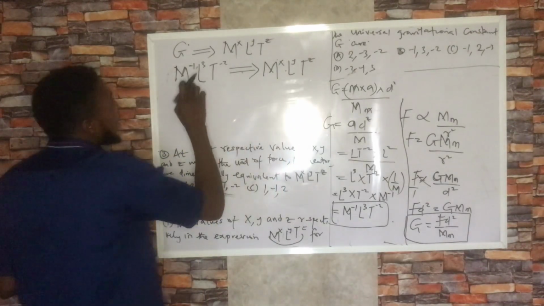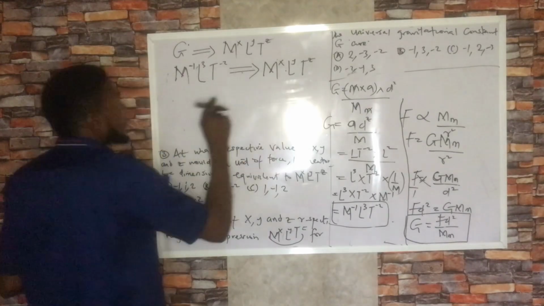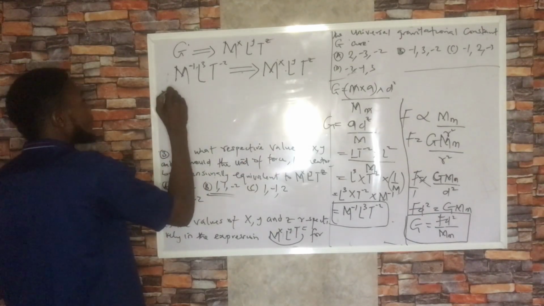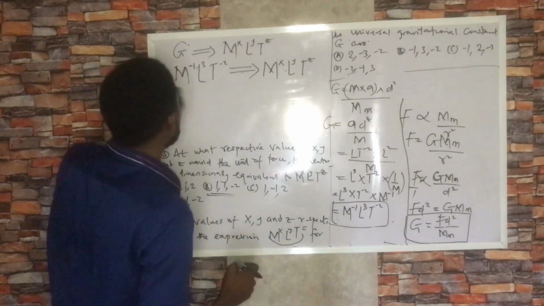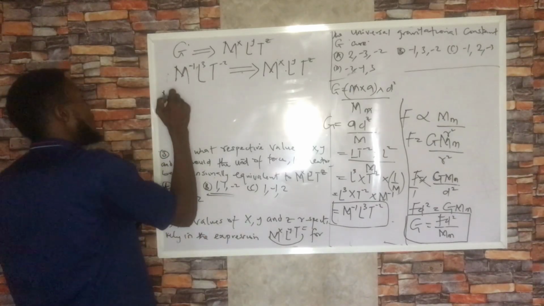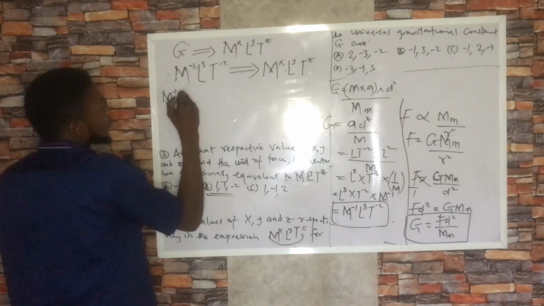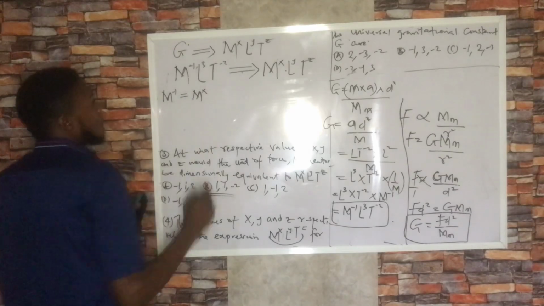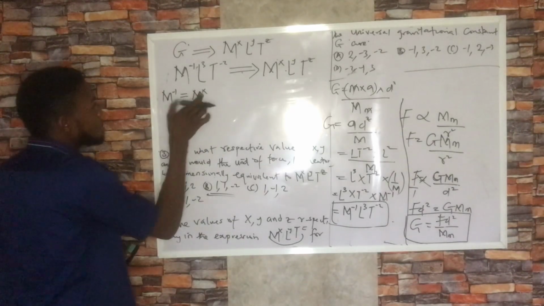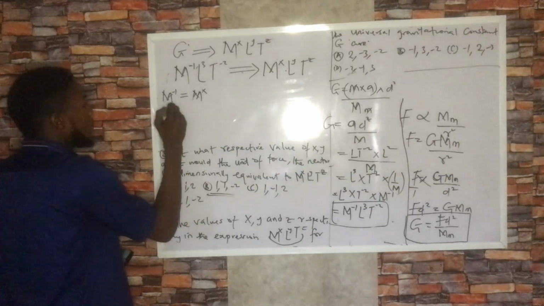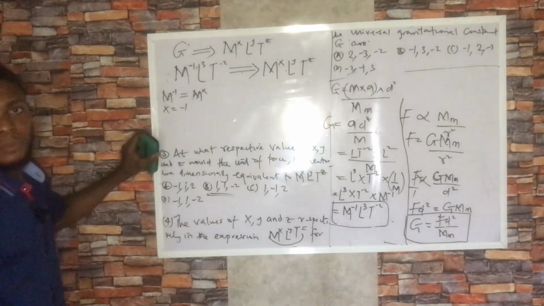So you now have to compare their powers. You can say m raised power minus 1 is equal to m raised power x. That's if you want to do it mathematically. Since these bases are equal, you can cancel them out. Your x turns to minus 1.